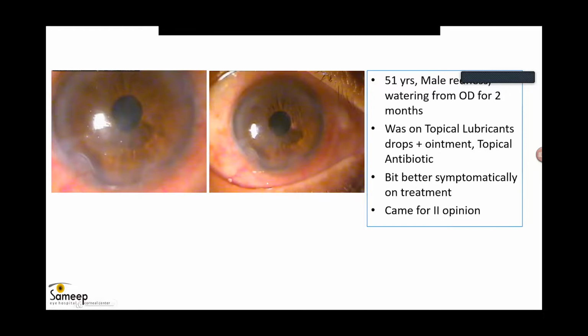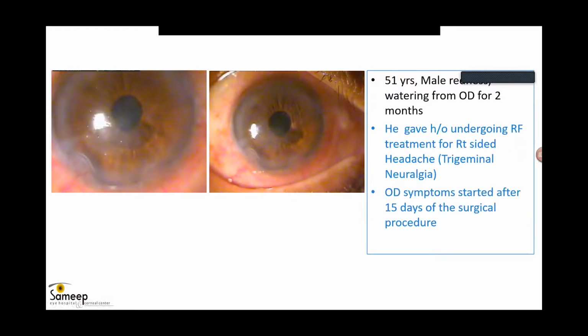He was having recurrent breakdown of the epithelium and at times stromal involvement as well. When we asked about detailed history, he gave a history of undergoing RF treatment for right-sided headache, radiofrequency treatment for trigeminal neuralgia, and that must have led to an anesthetic cornea.